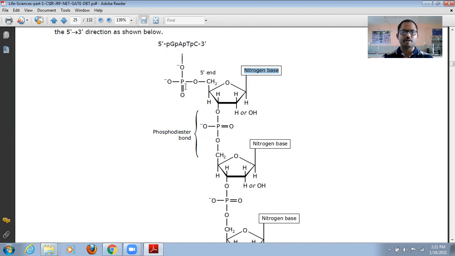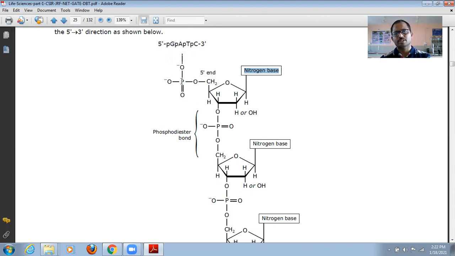We know there are nucleotides A, T, G, C and U. In all these nucleotides, the difference is in the nitrogenous base. Different nitrogenous bases are there, so that's why these nucleotides differ from each other. Otherwise, the ribose part and the phosphate part are the same for all nucleic acids.